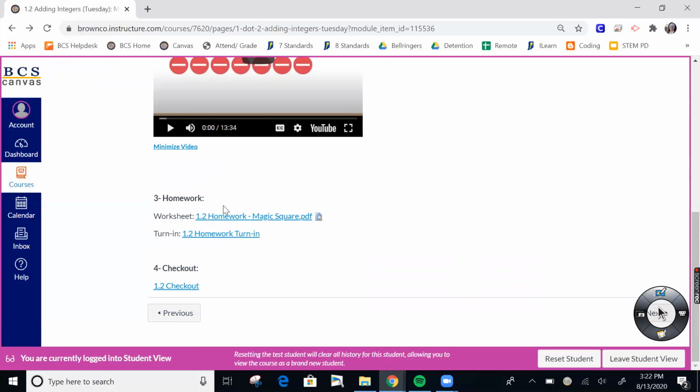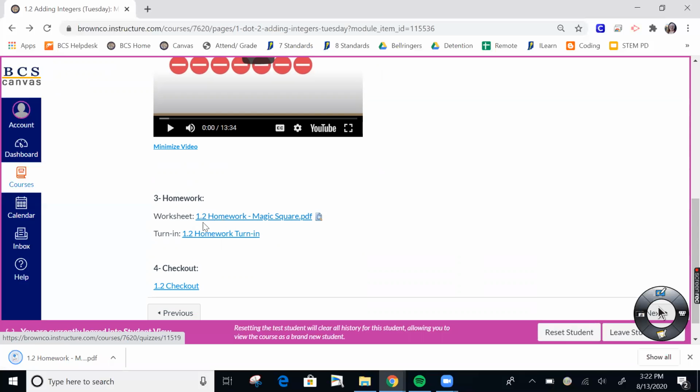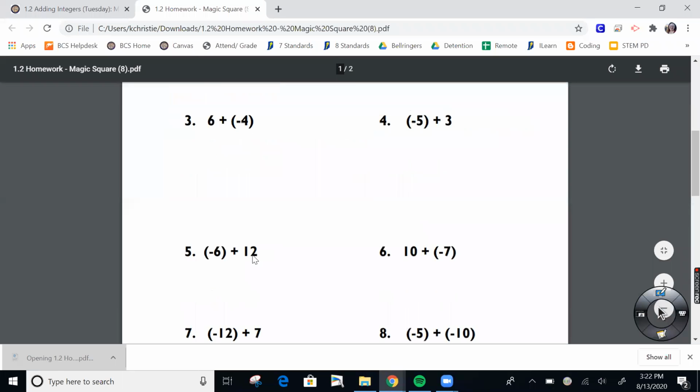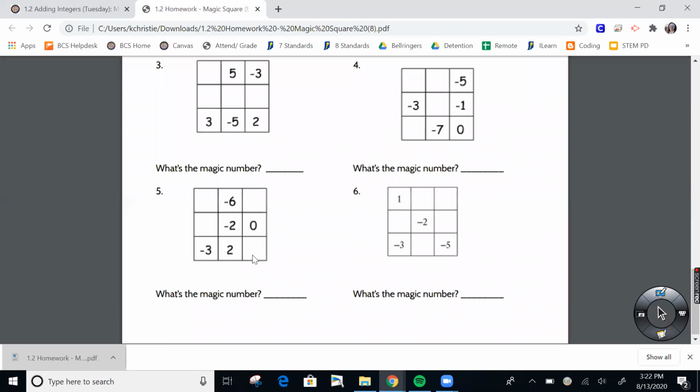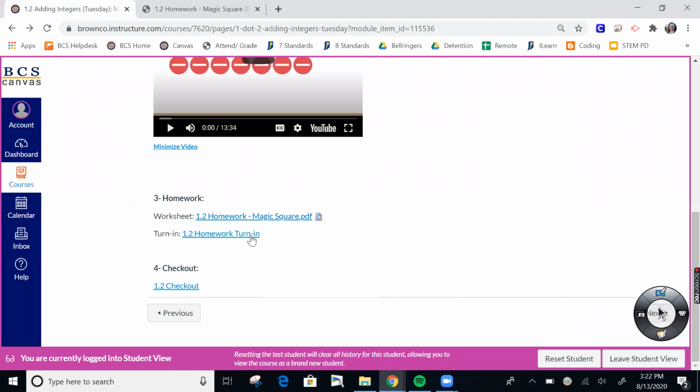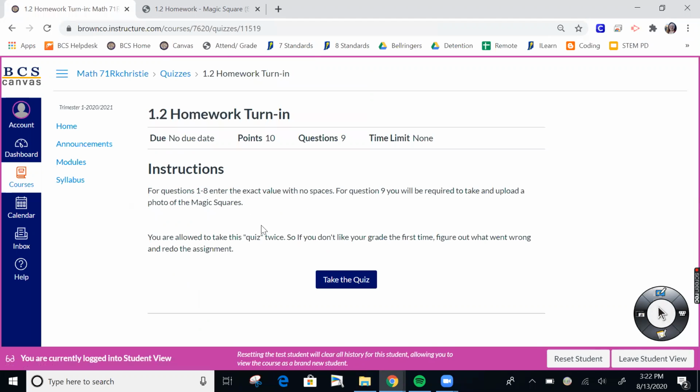I also have the homework. And so for this particular day, we did the Magic Square Challenge. You can download the homework and pull it up, and you've got the worksheet that I passed out in class, so you can do it at home. I also have a homework turn-in thing, so if you're out for an extended period of time, let's say that you had to be out for 2 weeks or something, you can actually turn in your homework here.